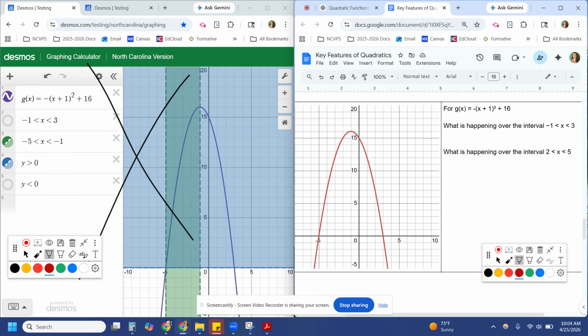So you're going to find your interval. In this case, it's -1 to 3, and you're going to imagine those vertical lines. Like Desmos put the vertical lines up, you're going to imagine them. So -1 is here on my x-axis, +3 is here, and let's draw or imagine some vertical lines here.